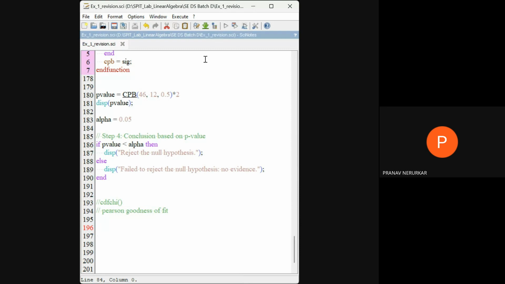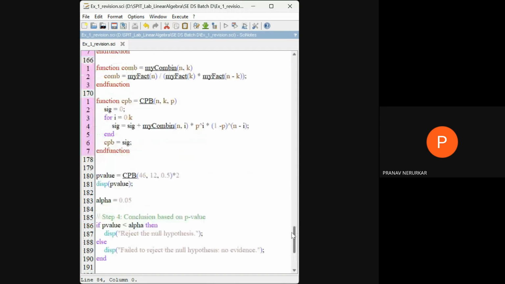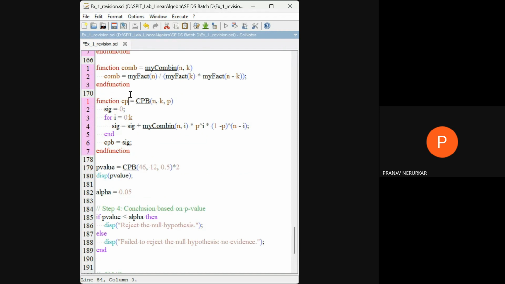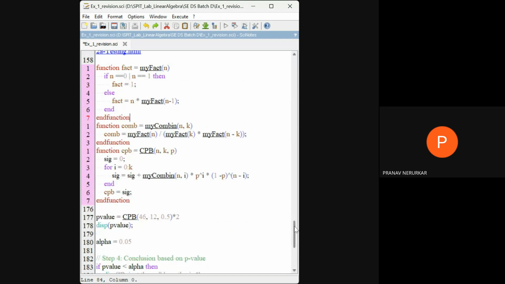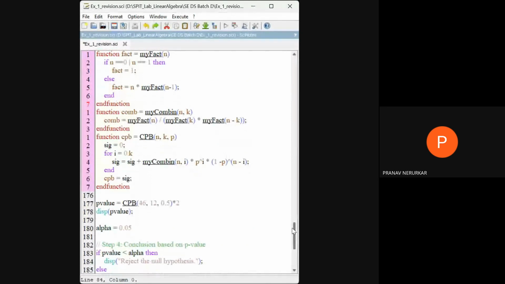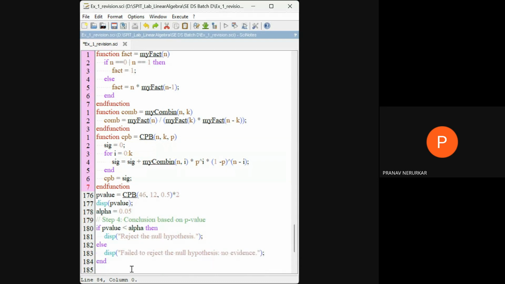But just before we go to the Pearson test, note how these functions are written, the syntax of the functions, and the advantage of writing once and reusing multiple times.